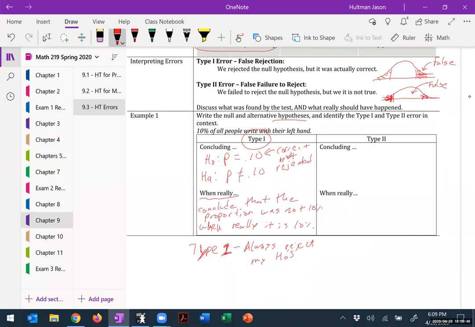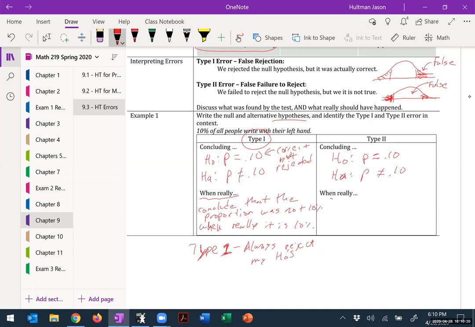What about a type 2 error? My null hypothesis is that the probability is 10%. My alternative, again, is that the probability is not 10%. This is for left-handed people. For type 1, I would conclude that the proportion of left-handed people is not 10%, when really it is. For type 2, what would we do? We would falsely not reject, right?